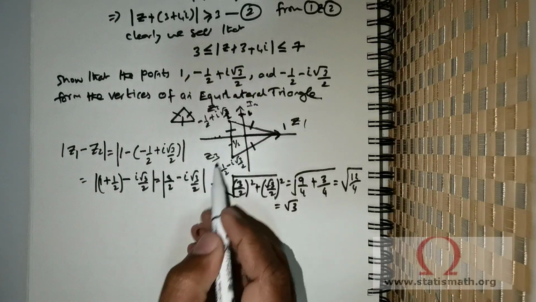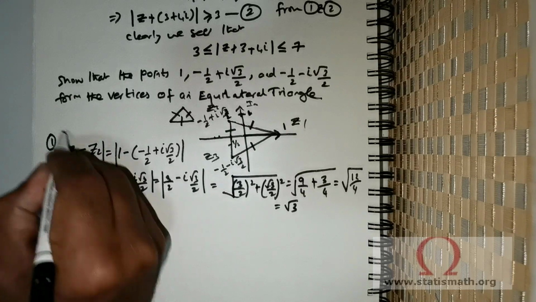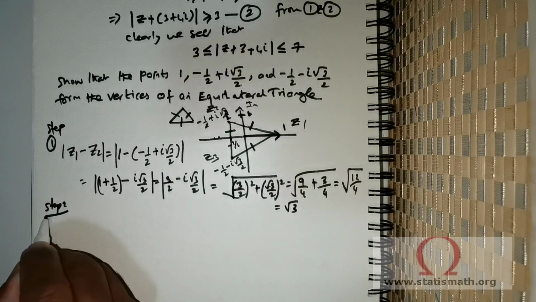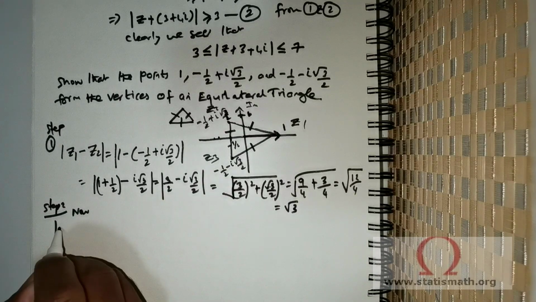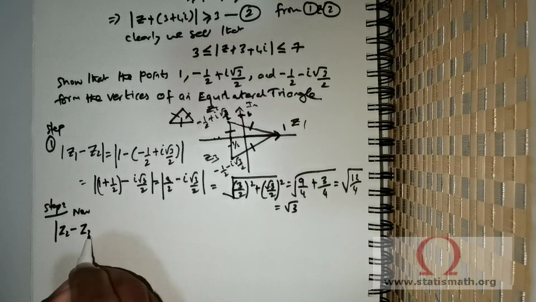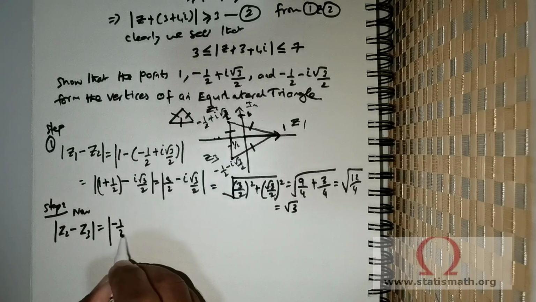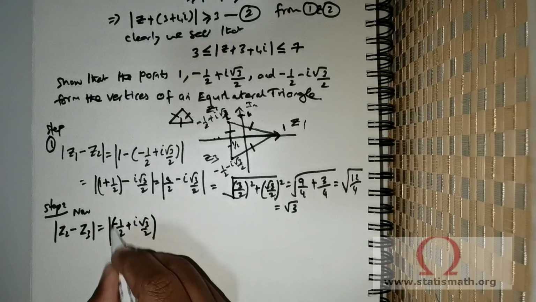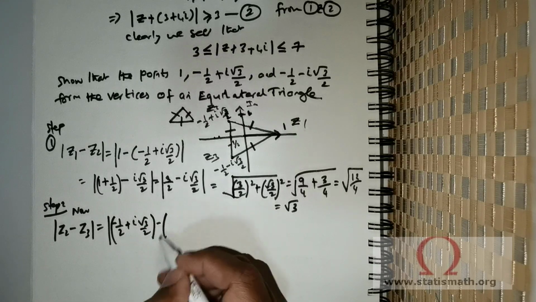Next I want to find Z2 minus Z3. This is step 1, and this is step 2. So now we find Z2 minus Z3. That is equal to, my Z2 is negative 1 over 2 plus i times root 3 over 2, and that has to be subtracted with Z3 to obtain the distance.